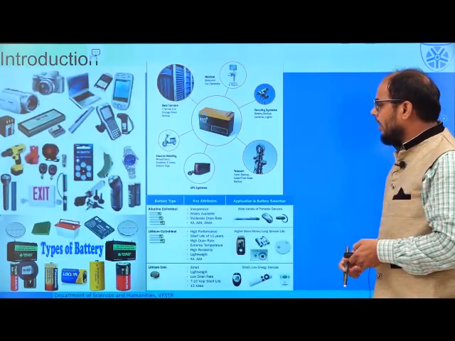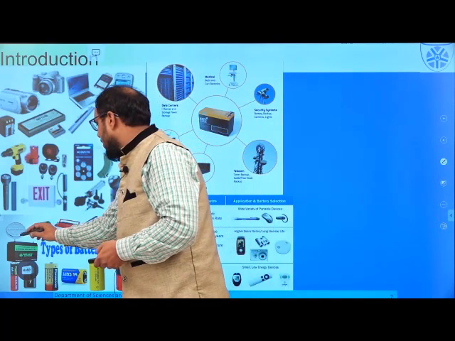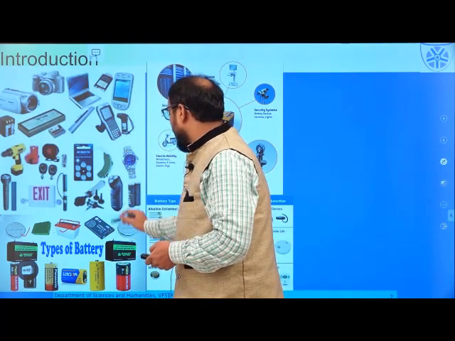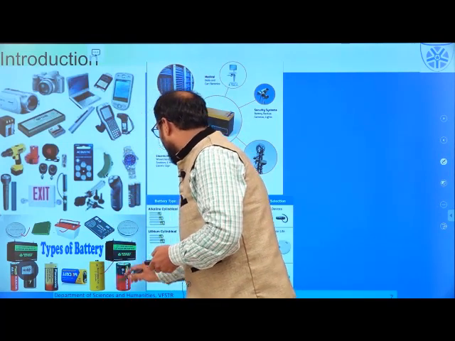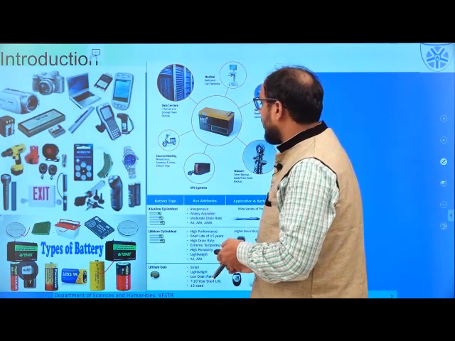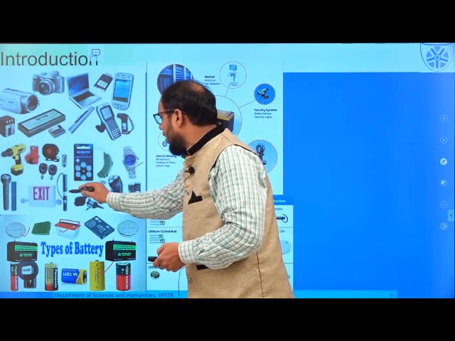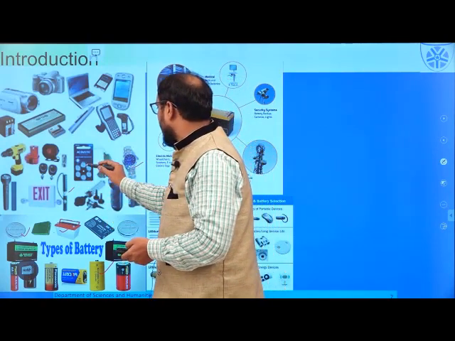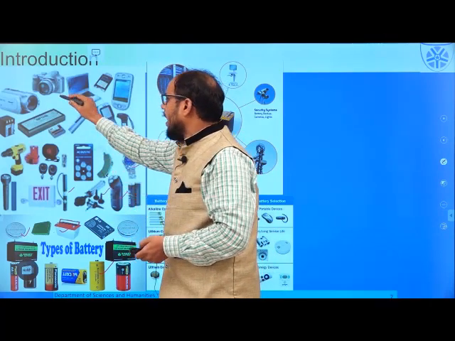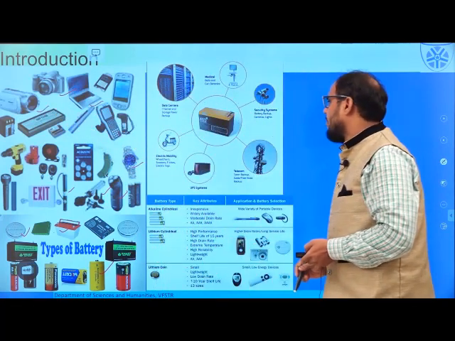Coming to the different kinds of batteries. We have batteries in different shapes and sizes, from the button cell, to the suitcase kind of thing, to different cylindrical shapes. These batteries are used in our day-to-day life, starting from our wristwatch, our pointer which I am using, this calculator, and even for mobile phones, camera phones, the digicam, the laptop; all these require batteries.